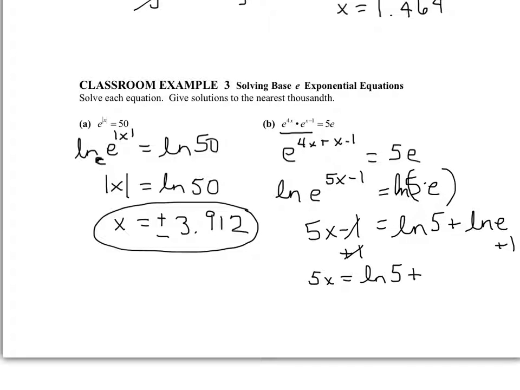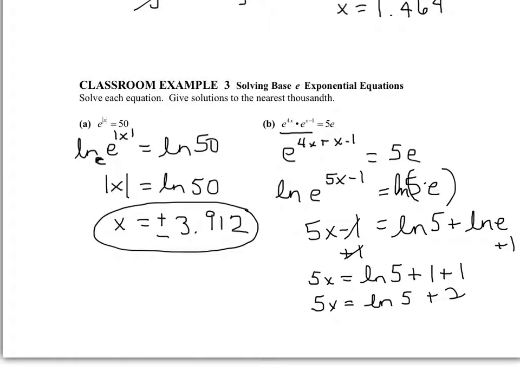But what happens if I evaluate the natural log of e? That's asking e raised to what power will give you e to the first power as your answer. The natural log of e is just 1. And if I add 1 plus 1, I will get 2. So I have 5x equals the natural log of 5 plus 2.